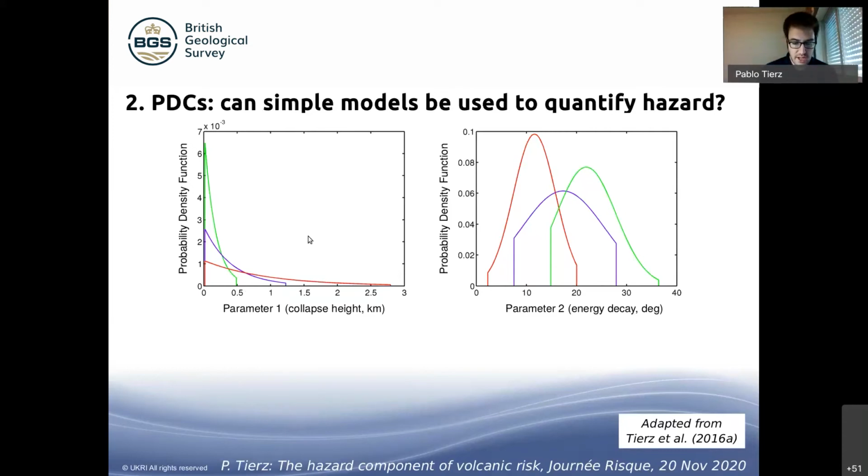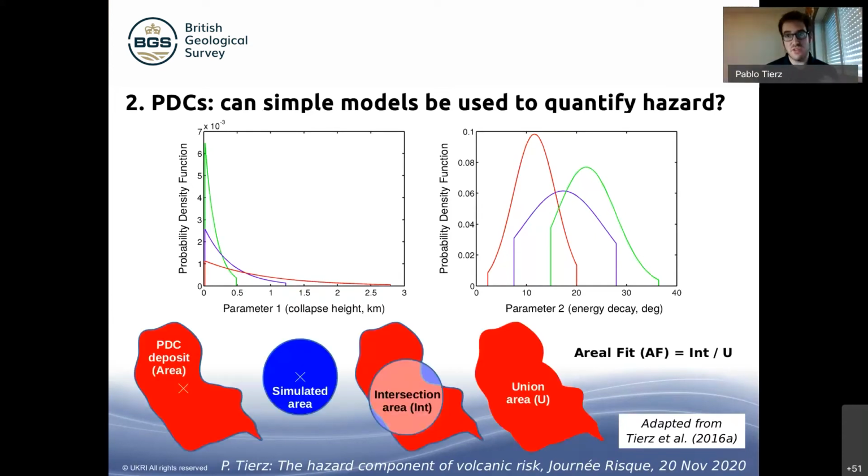If we assess this uncertainty, sample these distributions, and propagate this aleatory uncertainty by using the model, then are we able to reproduce past measurements from PDC deposits in terms of the maximum runout of the flows and the area of PDC invasion, as two of the first order metrics in terms of hazard?